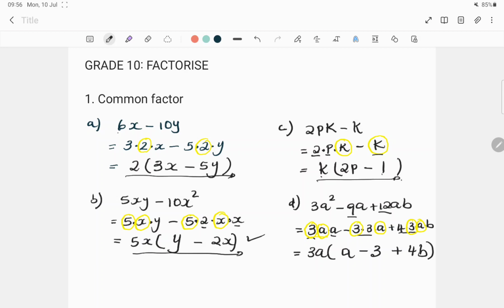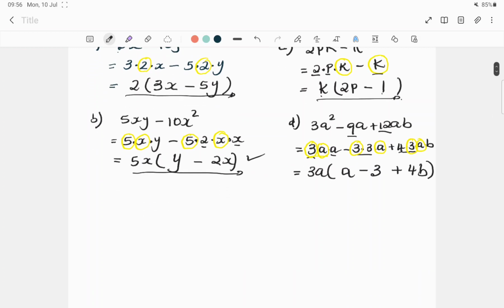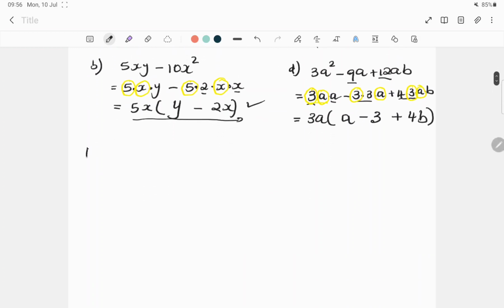I want you to be careful of something, grade 10s. You must be careful of this. That when you have, let's say you have y minus x, note that this is the same as negative. You take out negative as a common factor.